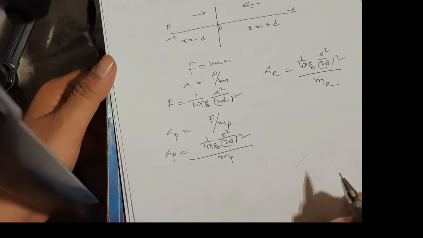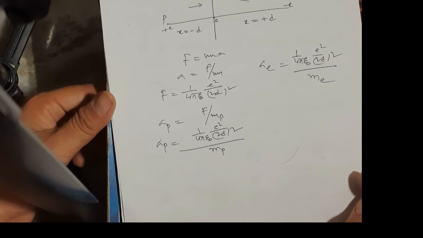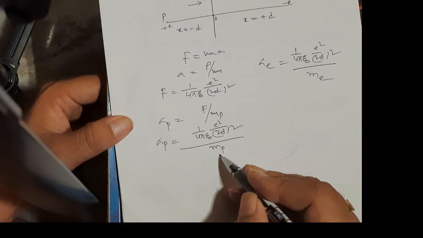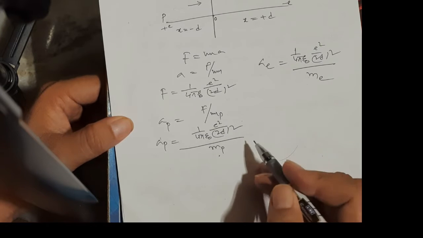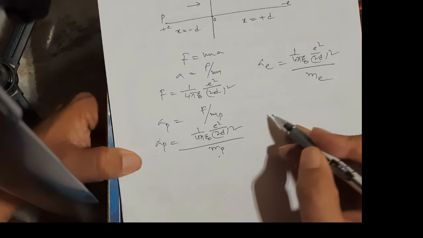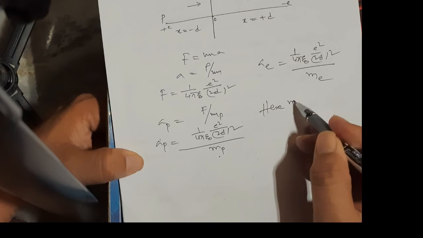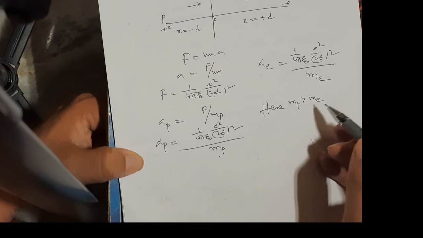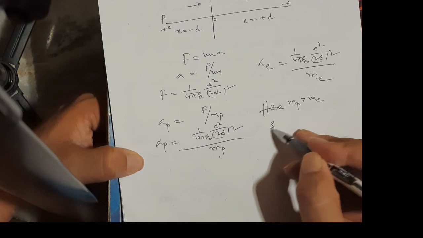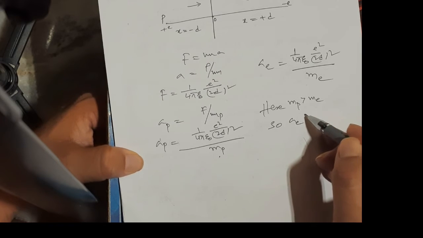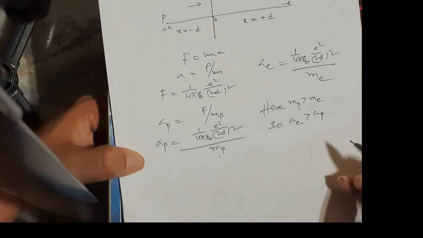So which one has more mass, electron or proton? Proton has more mass, electron has less mass. So here Mp is greater than Me. So we conclude that the acceleration of the electron is greater than the acceleration of the proton.